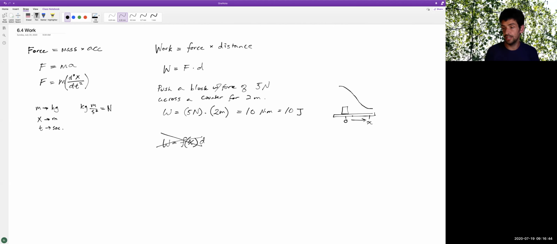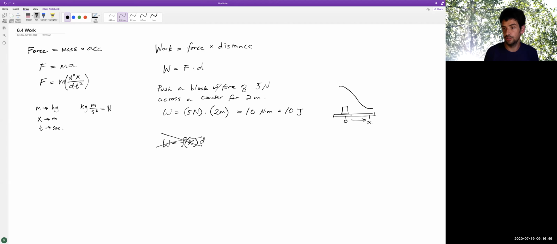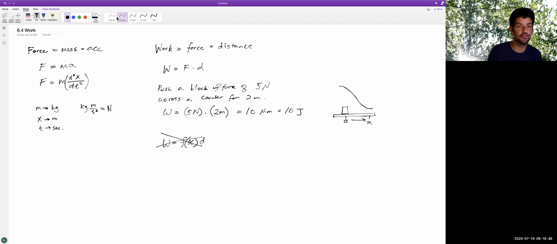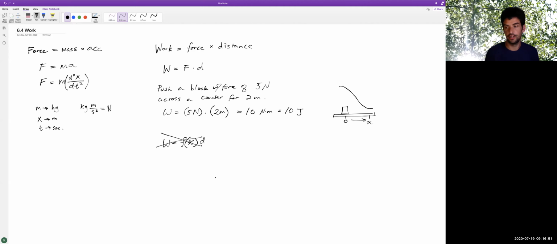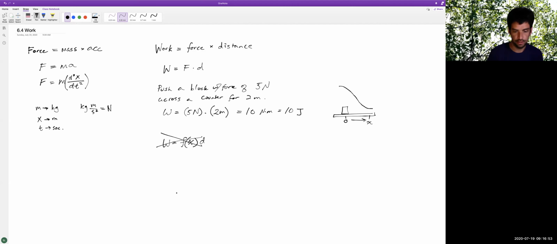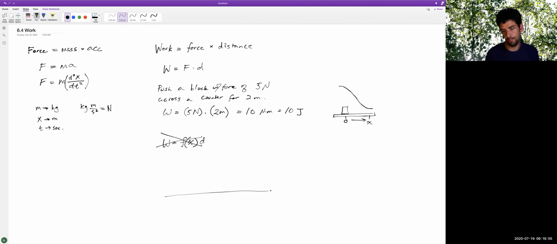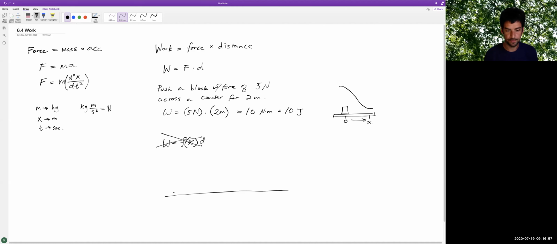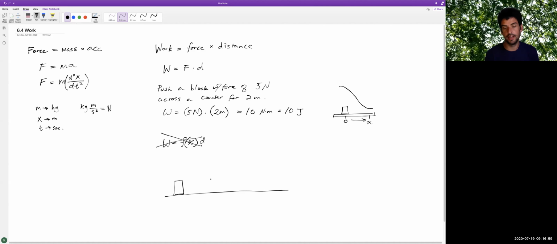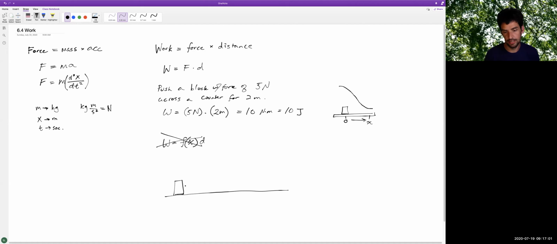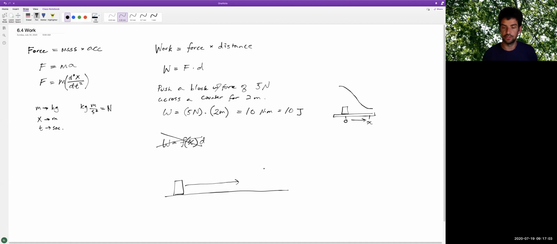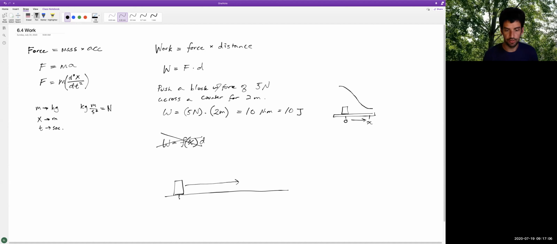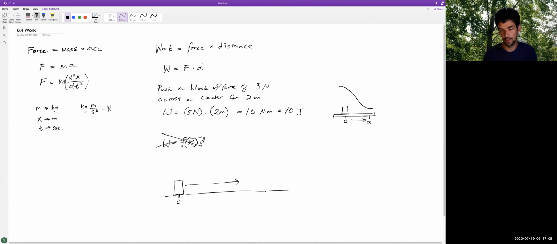What I can do is chop up this little interval, right? Let me make this drawing a little nicer. Let's do this. So let's use that block pushing example. Let's say I'm pushing the block in this direction, and we'll call where it starts 0 and where it finishes 2 meters, right?